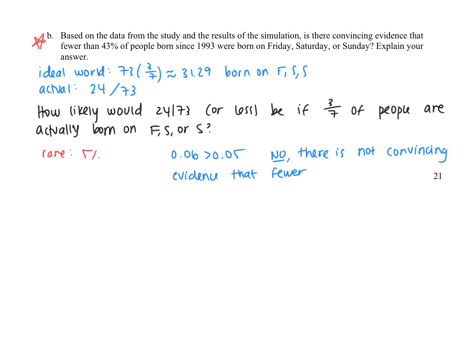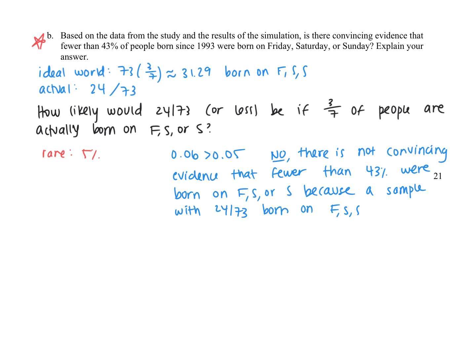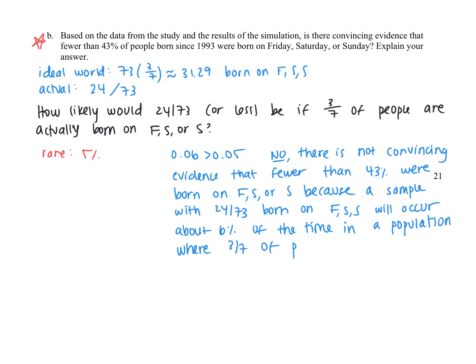That fewer than 43% were born on Friday, Saturday, or Sunday. Because a sample with 24 out of 73 people born on Friday, Saturday, or Sunday will occur about 6% of the time in a population where 3/7 of people are born on a Friday, Saturday, or Sunday.